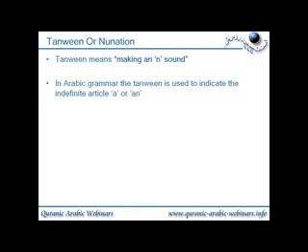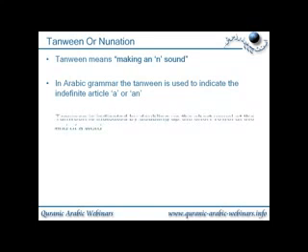For instance, a book, an elephant, a plane, a house, etc. So you're talking about something in general, a general noun, but you would cover that if you study Arabic grammar. That's just a bit of background information.